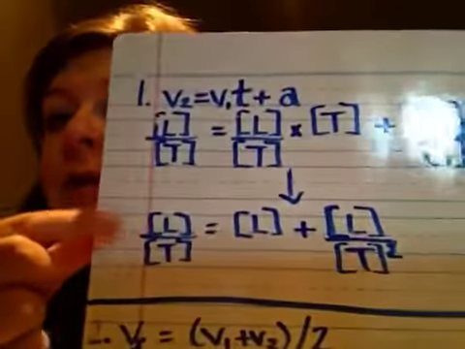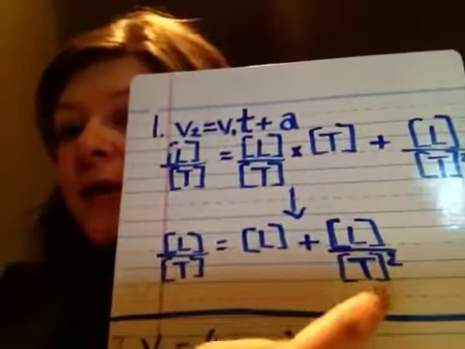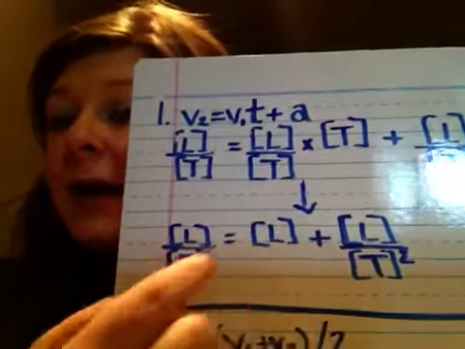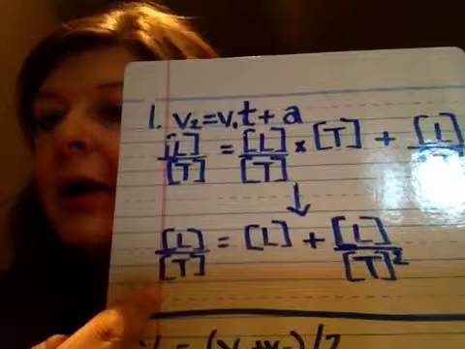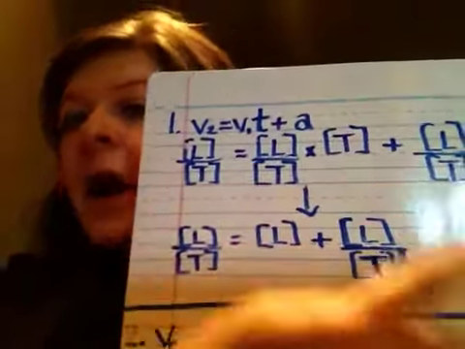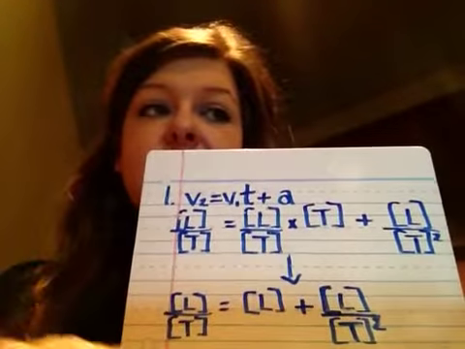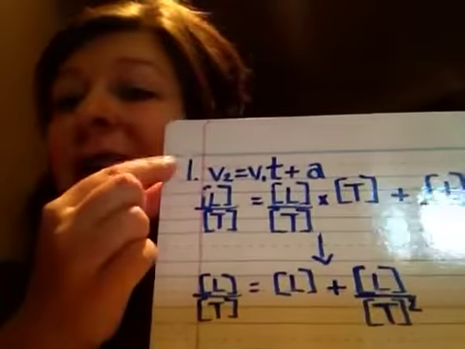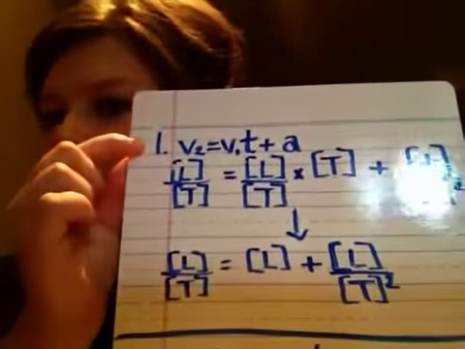At this point, it doesn't matter what I do, because I have time squared on this side and time is not squared on this side, so this is not going to make the dimensions cancel each other out. So the dimensions in this equation are not equal, and I can't make them equal according to this.